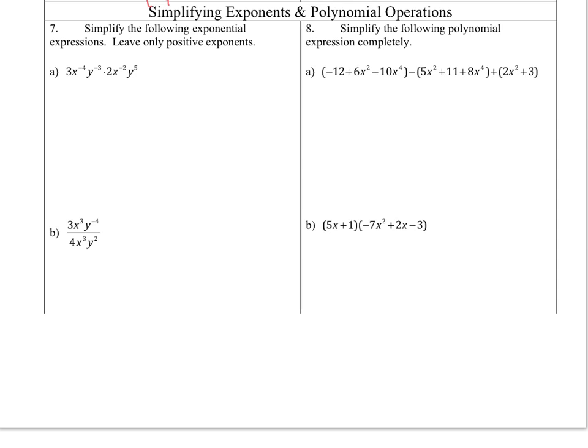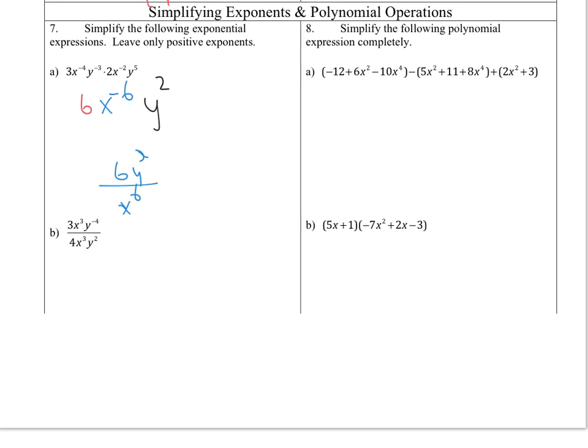3 times 2 is 6, so right away I'm going to do that. You guys have been combining like terms, which is fine. So x to the negative 4, x to the negative 2, that's going to be x to the negative 6. And then the y's, that's going to be y squared. I'm adding because I'm multiplying. So then my final answer is going to be 6y squared, moving that negative exponent over x squared.